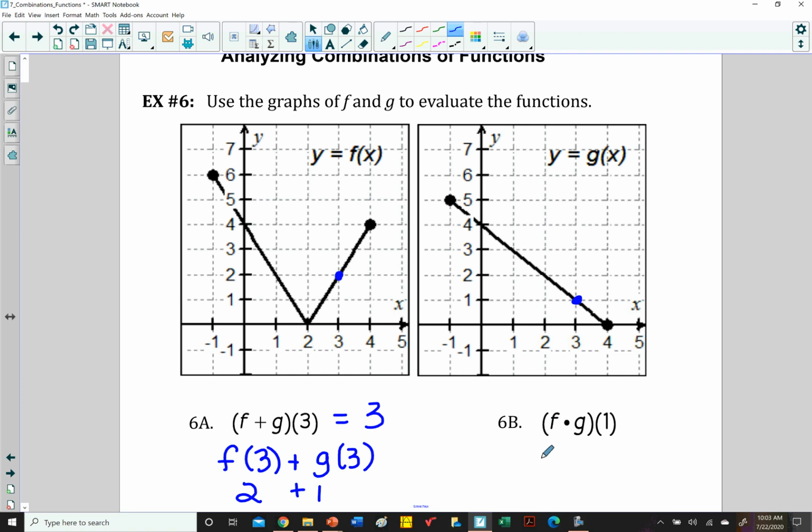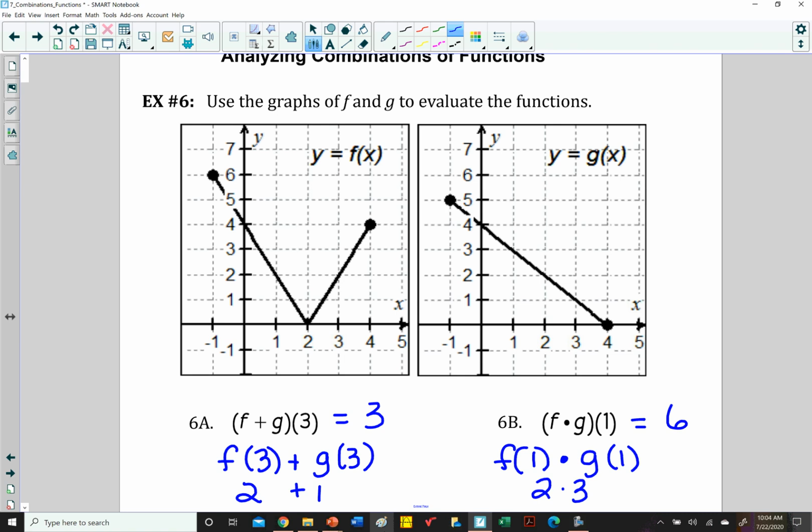On this one, we're going to find the y value on f and the y value on g when x is 1 and multiply them together. So what do you get? The f of 1 looks like 2, and the g of 1 looks like 3. So 2 times 3 is going to give us 6.